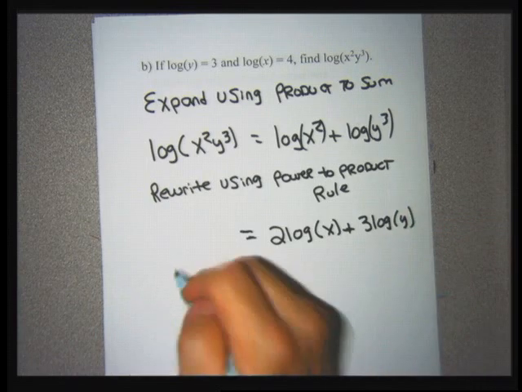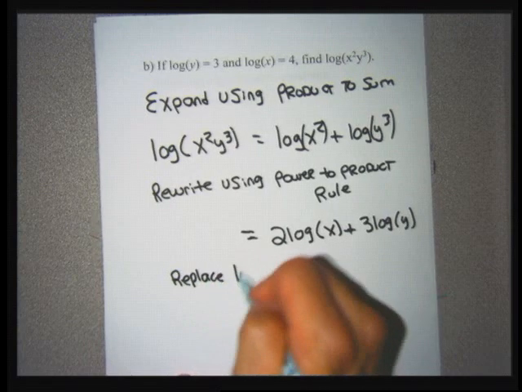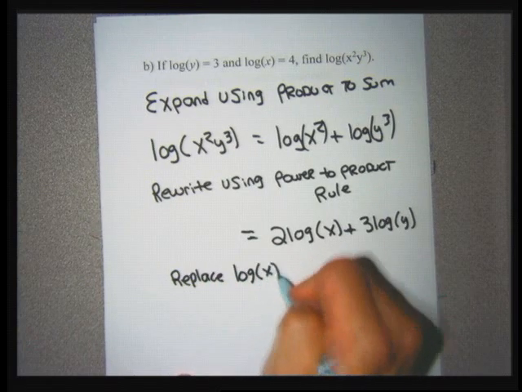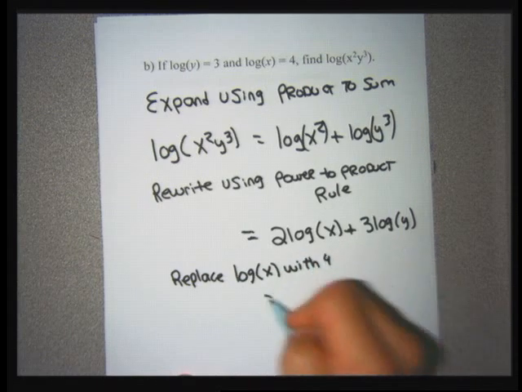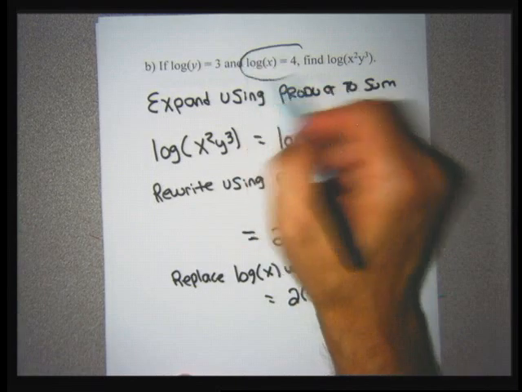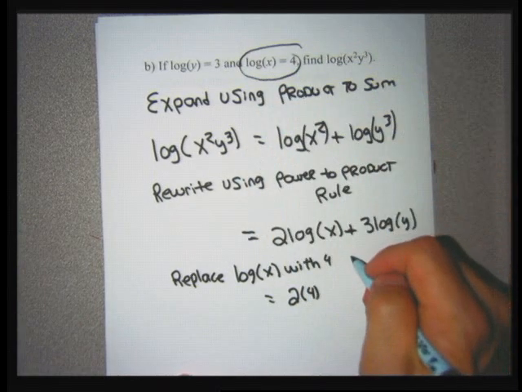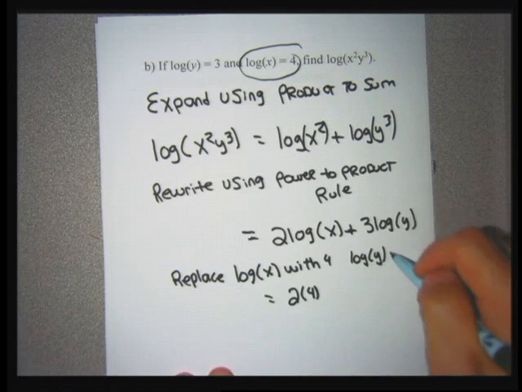Now I'm going to replace log of x with 4 and make this 2 times 4 because I'm told the log of x can be replaced with 4, and the log of y with 3.